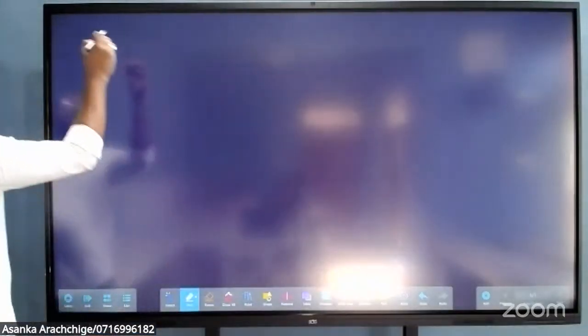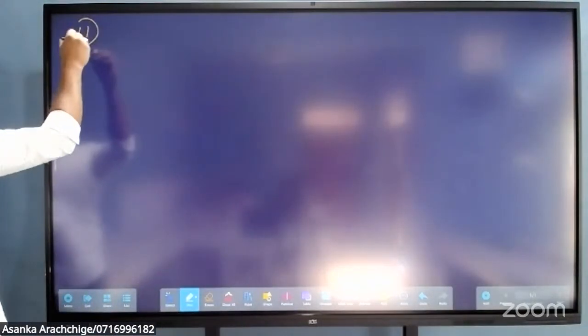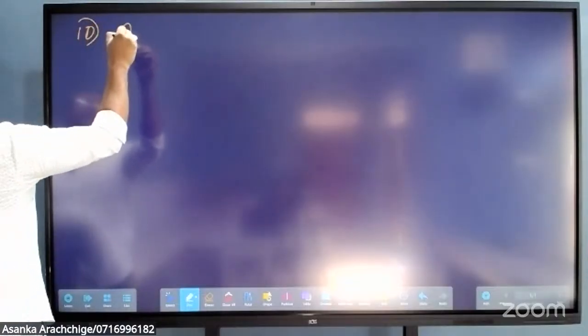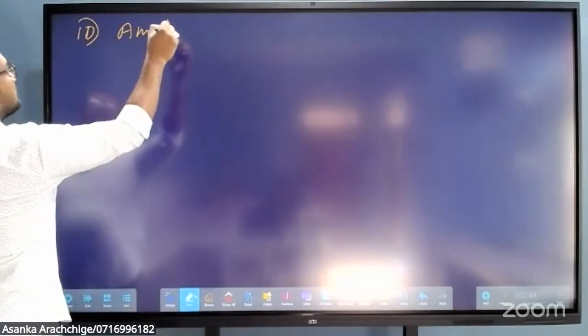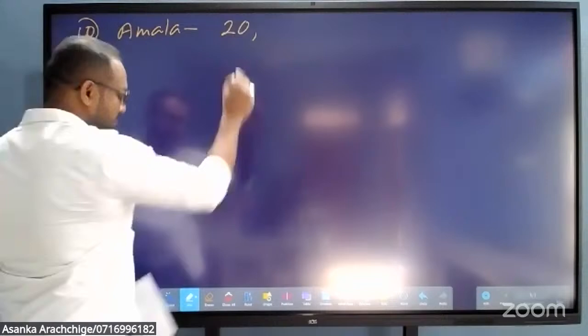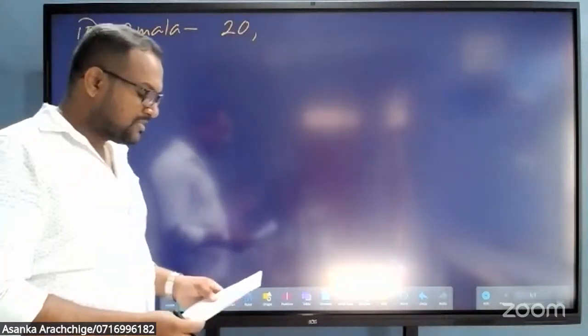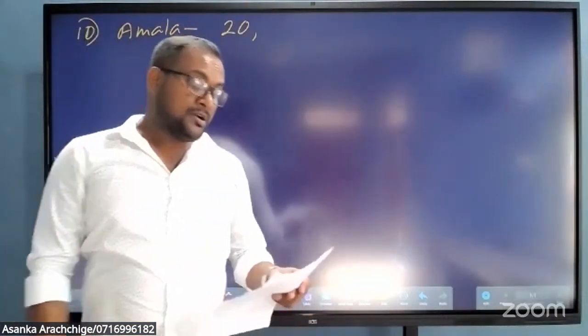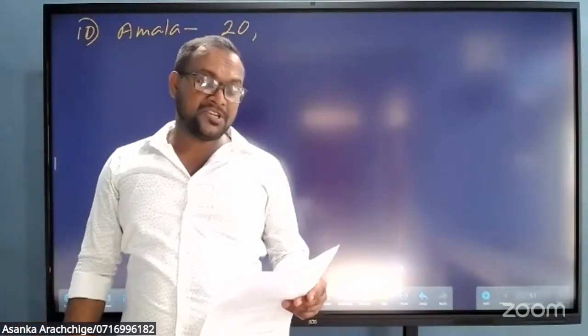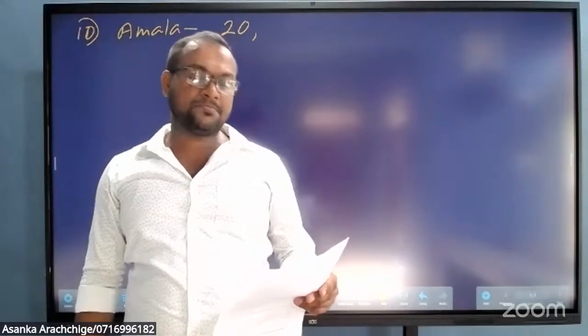Amala reads 20 pages on the first day, and on each day thereafter she reads 3 pages more than the previous day.